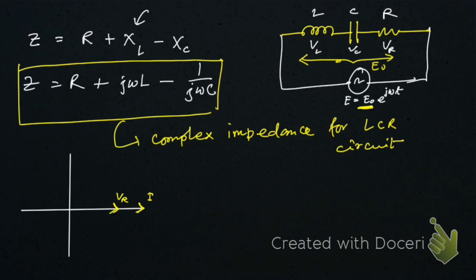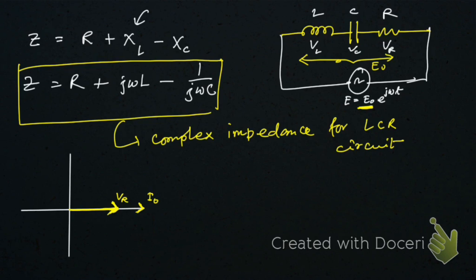This is, suppose, I naught, and this is the voltage across resistance R, so they are in the same phase.